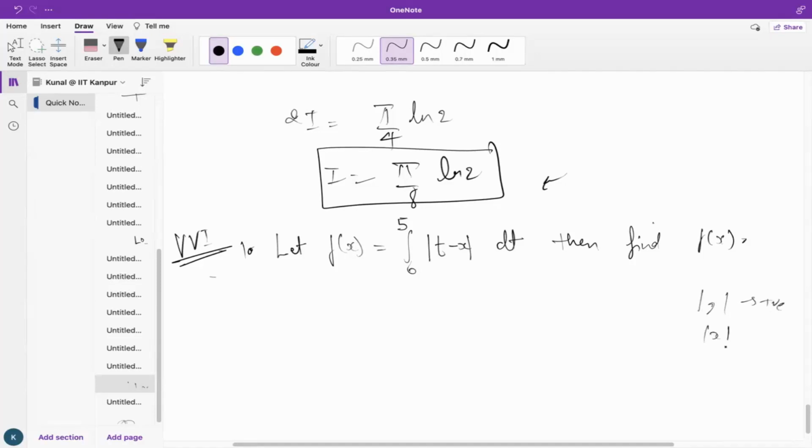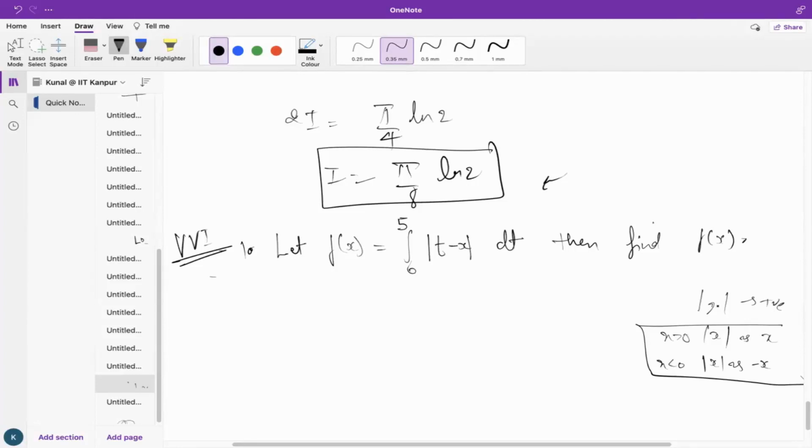Like if you put x and x is positive, it will give you x, and if x is negative and you put it in, it will give minus of x. So that it is positive, right? So this is the basic property of the mod.